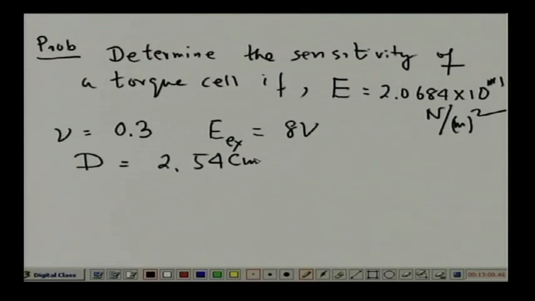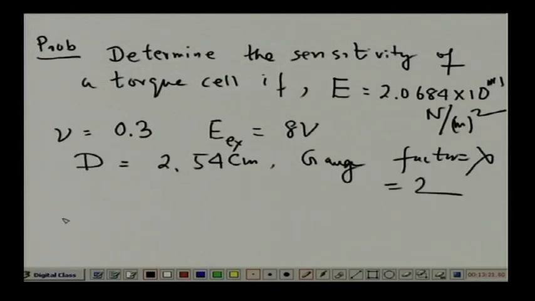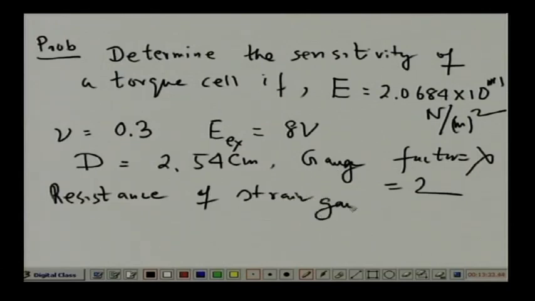The gauge factor of the strain gauge lambda is equal to 2, this is the advanced strain gauge obviously, and all are active gauges. The resistance of the strain gauge is equal to 120 ohm.